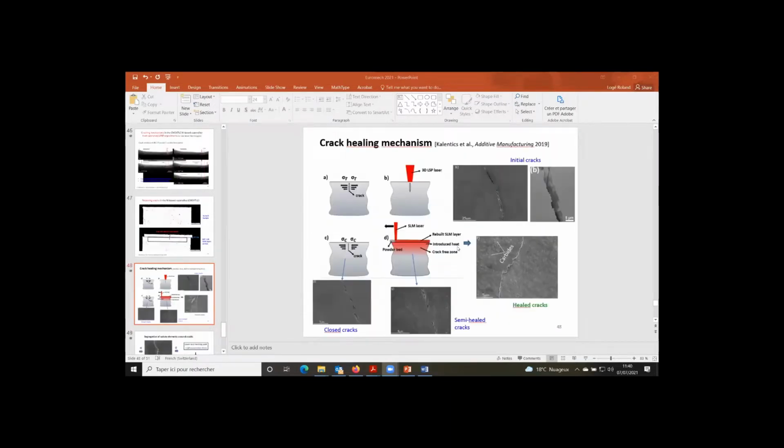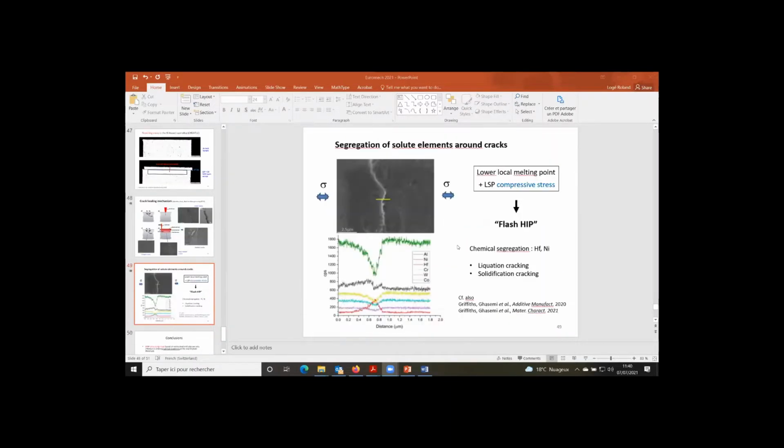Yes, indeed. So it's reversing somehow. We discussed before the cracking mechanism, where basically locally the temperature is not high enough to melt completely, but only melting at the region where you have segregation, which lowers the melting point, right, near the crack. Now, that means if you have a crack there, you know that there is a segregation that lowers the melting point.